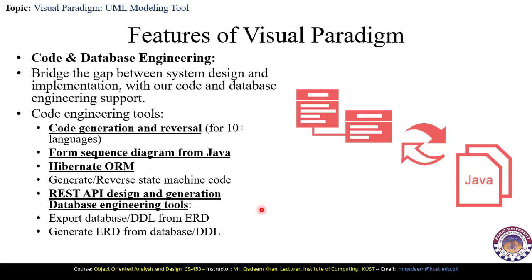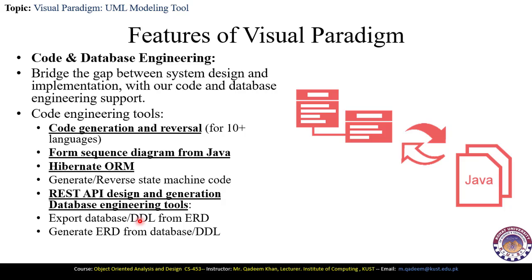Similarly, REST API design and generation, and database engineering tools, can also be performed through export database, that is, DDL from ERD, or generating ERD from the database, that is, DDL. Here DDL is data definition language, a language used to define data structures and modify data.